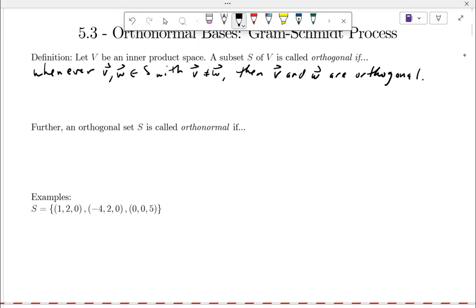Pick two, well, all this says is pick two vectors out of your set, as long as you don't pick the same vector twice. If I take any two vectors, again, as long as I don't pick it twice, they must be orthogonal to each other.